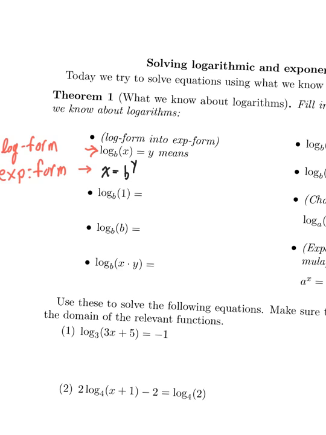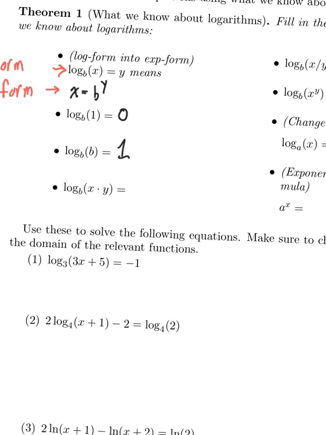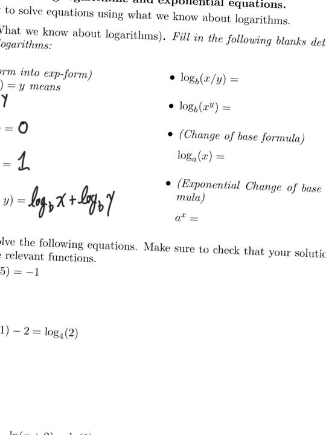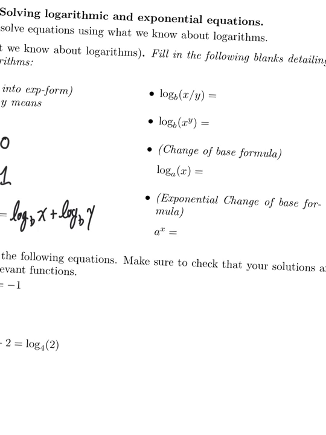One thing that you know about logs is the log base b of 1 is always 0, the log base b of b is always 1, the log base b of a product, log base b of x times y, is always the same as the log base b of x plus the log base b of y. Logs turn division into subtraction.